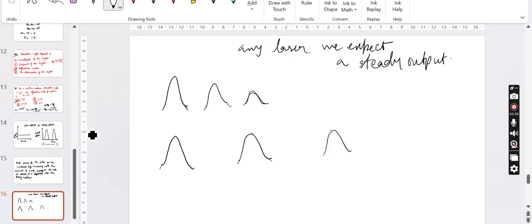So if the time between two pulses is large, meaning the pulse repetition rate is low, you can increase the pump power up to a certain point. But if the time between the two pulses is less, that certain point comes much faster.